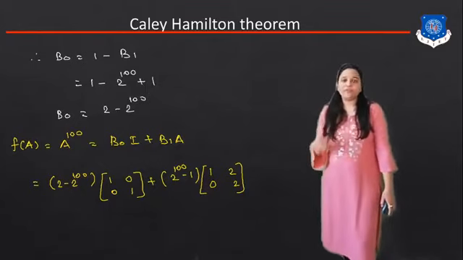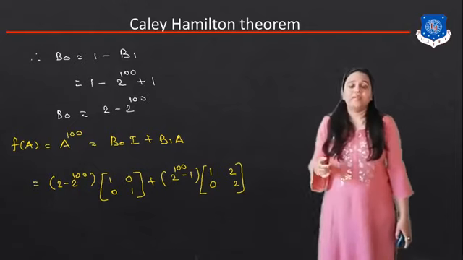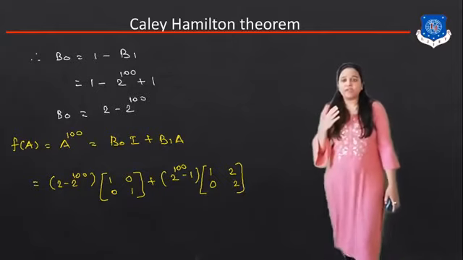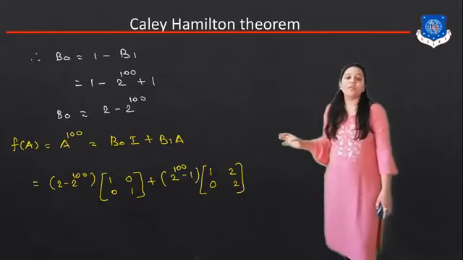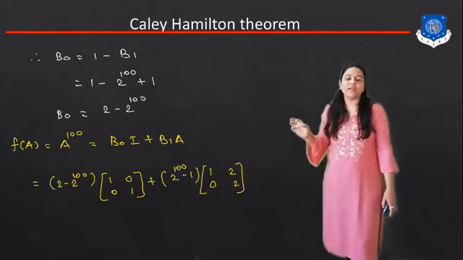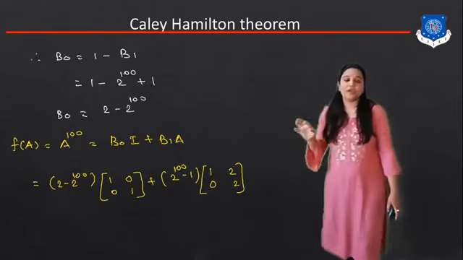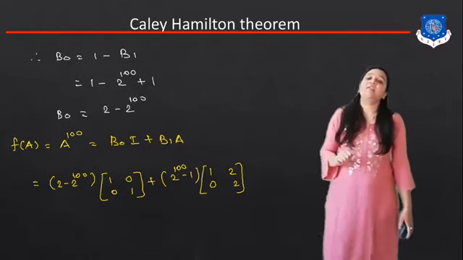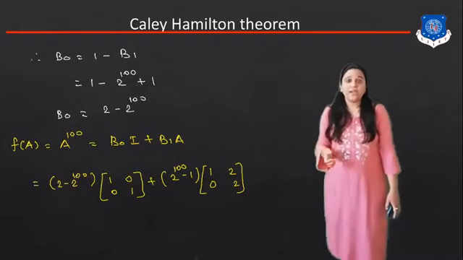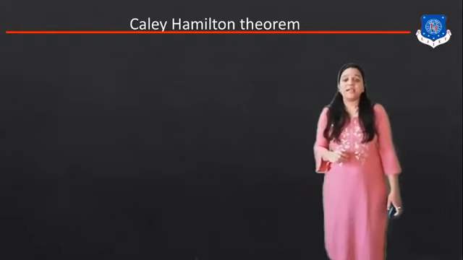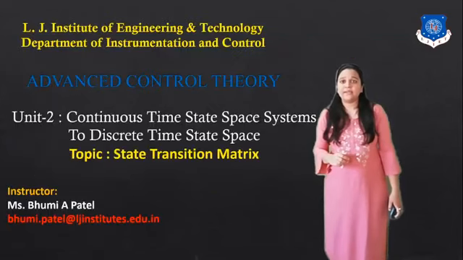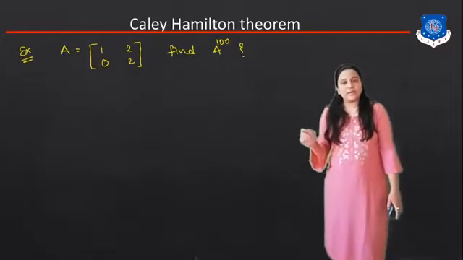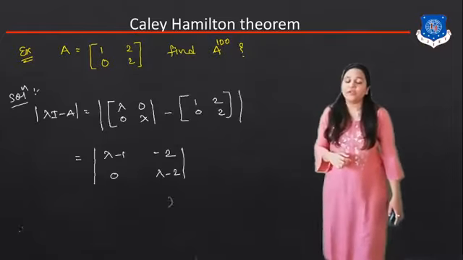Now this type of question they will ask in the GTU for 4 or 7 marks. If they ask for 4 marks, you just put the values of b0, I, b1 and A in this particular function of A equation, and then you leave the example. But if they ask the same example for 7 marks, what is the example? The example is given like this: the value of the A matrix is given and we have to find the value of A raised to 100.